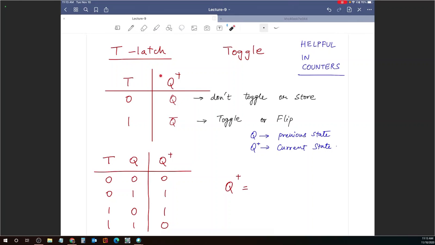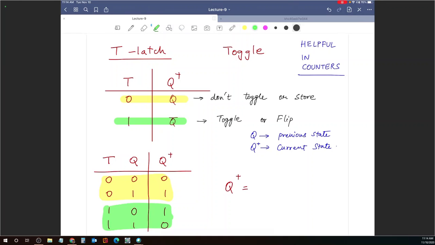So now I'm expanding this compact characteristic table into something that evaluates Q plus for every possibility of previous state Q. So you have 0 0, 0 1, 1 0, 1 1. In the first two rows, you don't toggle, so Q plus equals Q. And in the next two rows, we toggle. So 0 1 becomes 1 0.